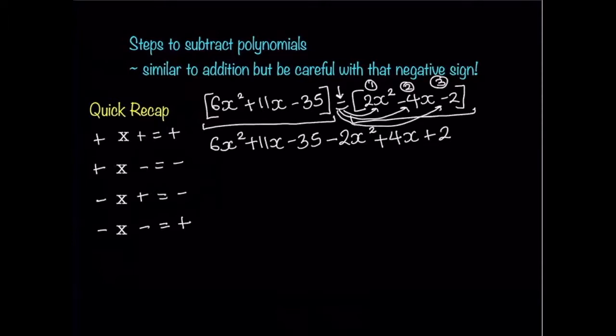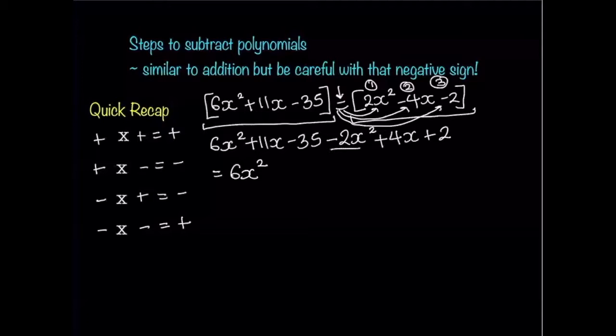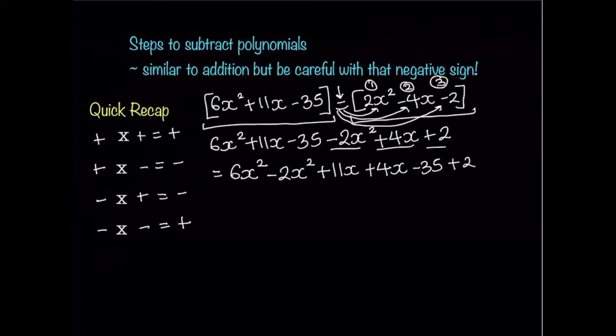So we put like terms together, and then we add or subtract the way we would normal numbers. So this would become 6x squared, and its like term is minus 2x squared. So I do minus 2x squared, then plus 11x, like term is 4x, so plus 4x, and then minus 35, and its like term is plus 2, so plus 2.